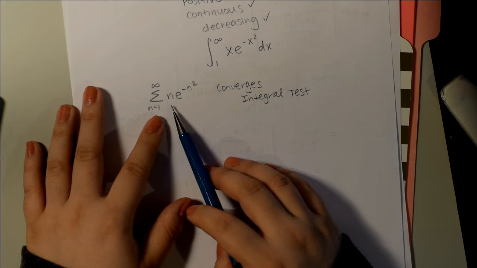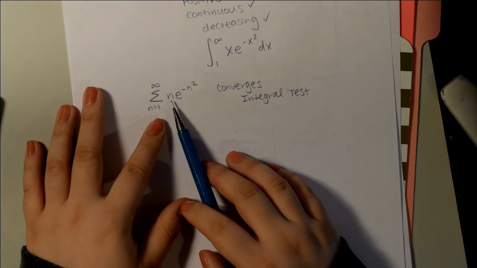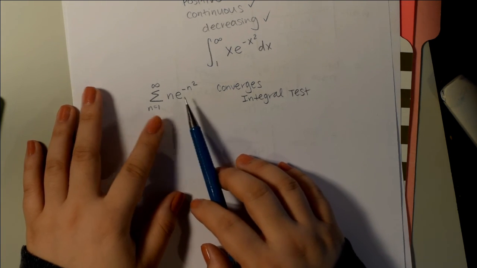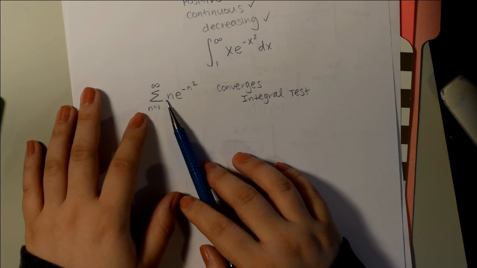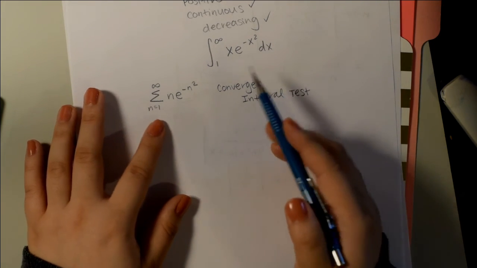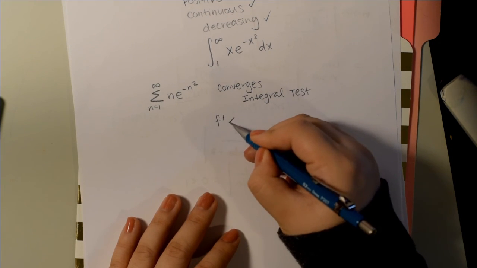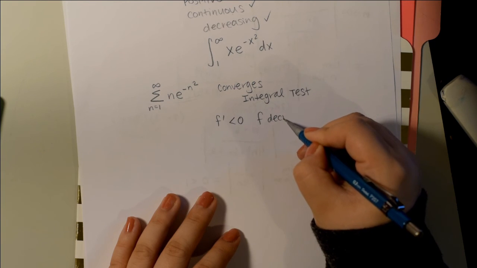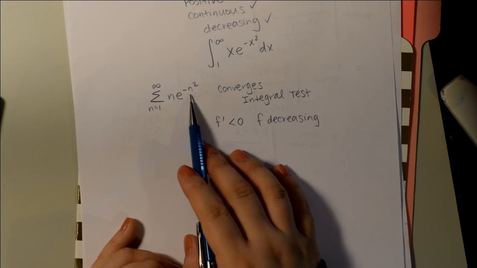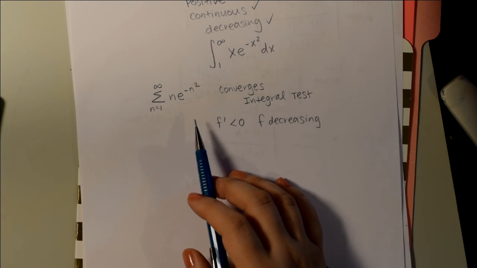To show that that's decreasing for x greater or equal to 1, you can either just graph it and show yourself that that's true, but to actually show that, you have to take the derivative and show that that derivative is less than 0 always for x greater or equal to 1, because if f prime is less than 0, f is decreasing, right? That derivative might get kind of messy. You have to use the product rule and the chain rule here.